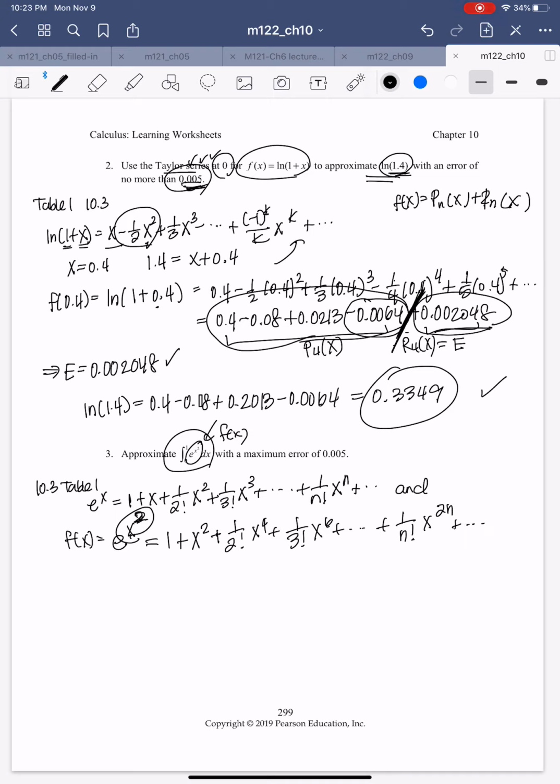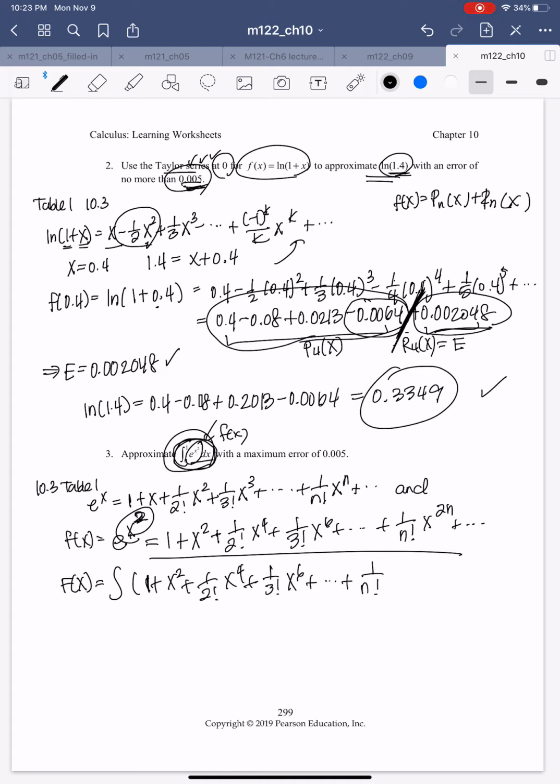Now, that's your integration underneath, so I need to integrate it so that I just have a single f of x. So integrating this whole thing, one over 3 factorial x to the 6, 1 over n factorial x to the 2n dx.